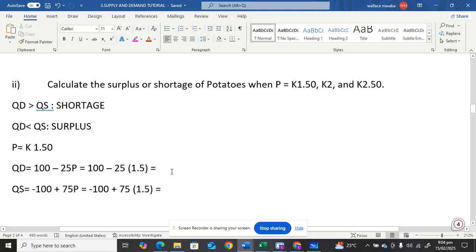Okay, quantity supplied. Let's see. Okay, so do we have a shortage or do we have a surplus?